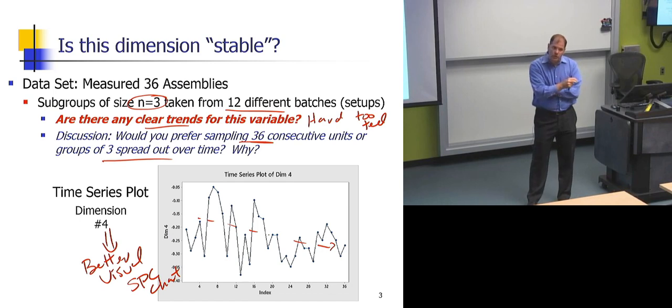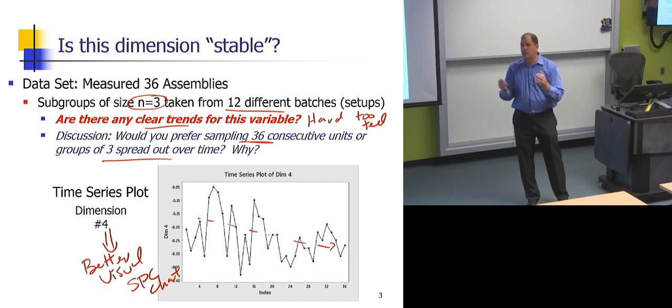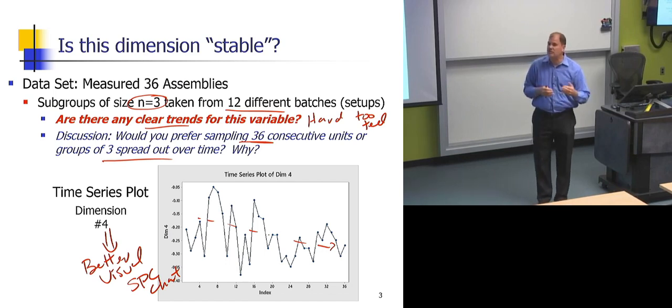When you take a subgroup and spread it out over time, you actually get 2 things. You get a way to measure some inherent standard deviation based on consecutive parts, but you're also spreading it out over time, and you're giving the process opportunities for new operators to do something different or differences in the setup procedure. People sometimes say, how many samples do I need? And they say 30 or 40 because statistics say that's how it closely matches a normal distribution if the data is normal, right?